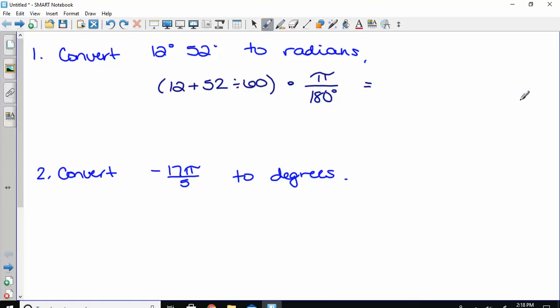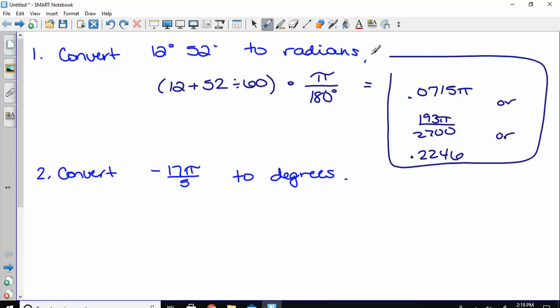So you could write this as a decimal in terms of pi, like 0.0715 pi, or you could put it as a fraction, 193 pi over 2700, or if you did include the pi as well, you get 0.2246. Any of those three answers are okay. So there are lots of equivalent forms. You just have to give me one of those.